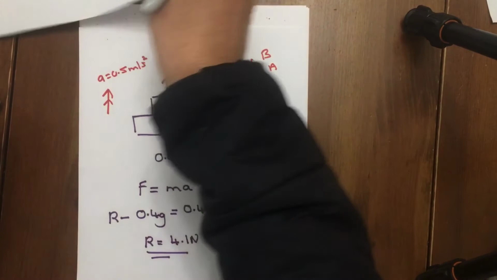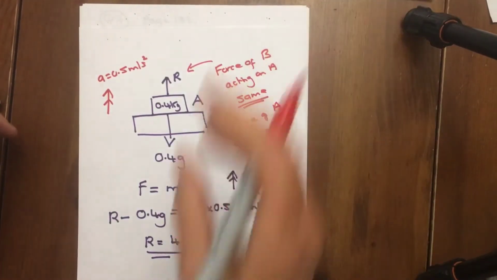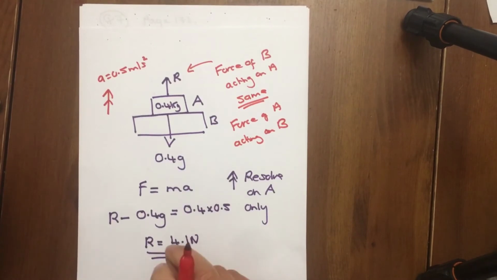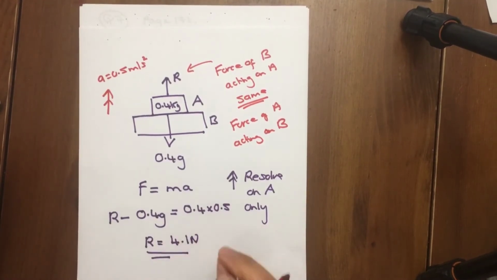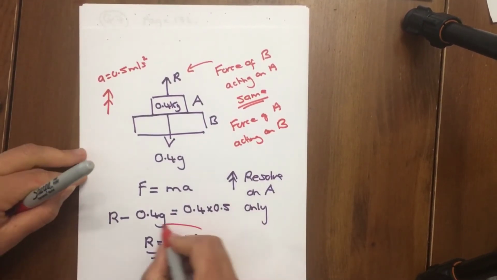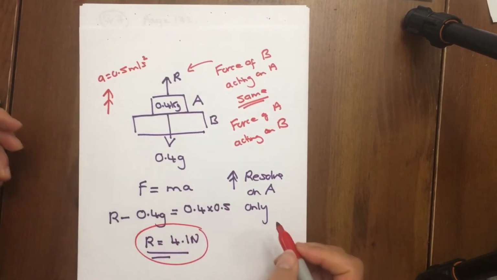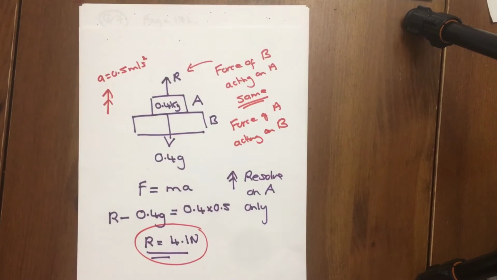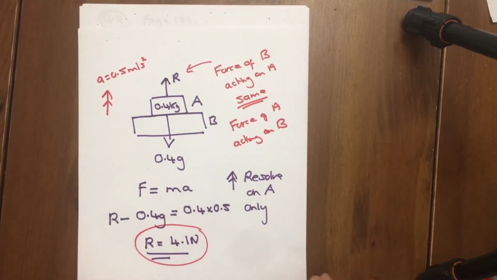And that was question B, asking you to find the force exerted on mass B by mass A. So this is going to be my answer here. Now I think that is quite confusing, and I think you need to look at that again, and I'm going to get you to look at another video to explain more examples on this.